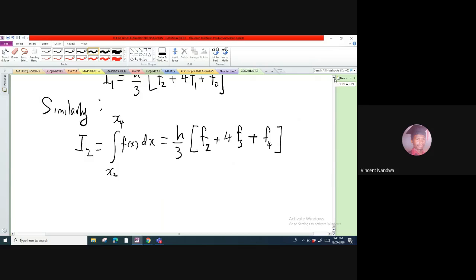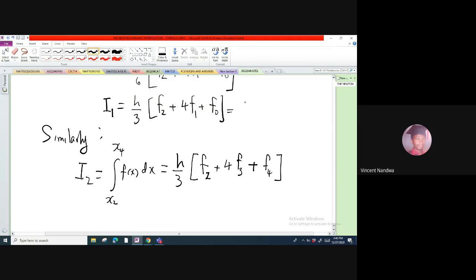Remember, this I1 can just be written as h over 3 into f0 plus 4 f1 plus f2.